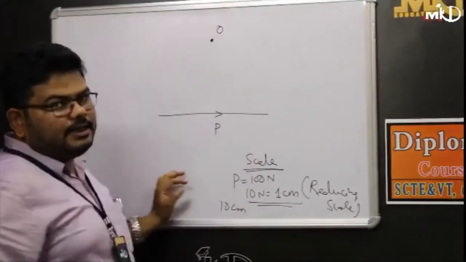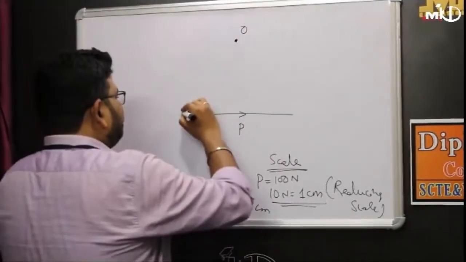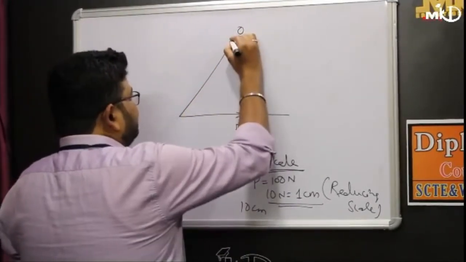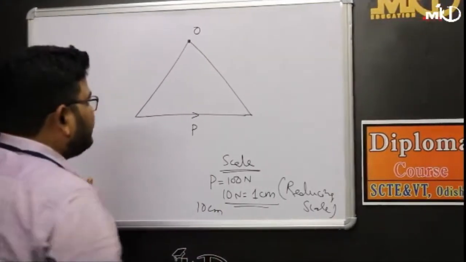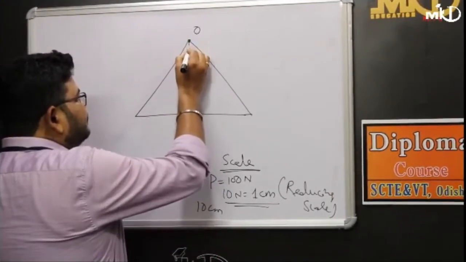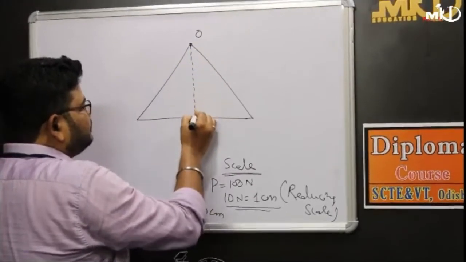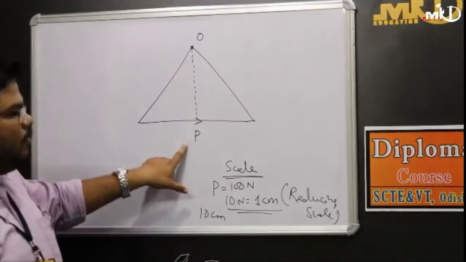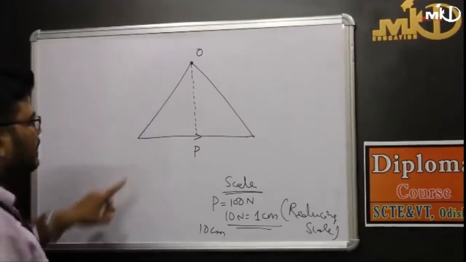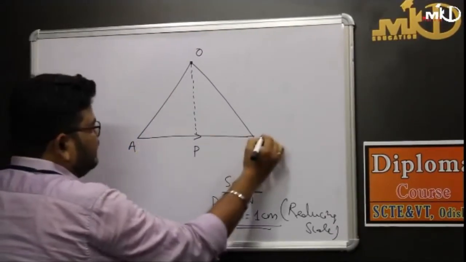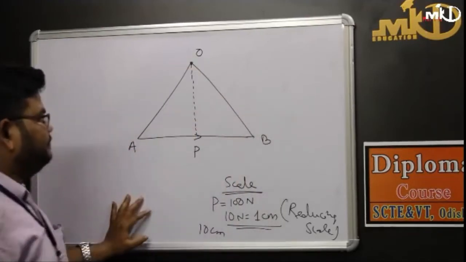Let this be vertex O. Now I will join the vertex and complete the triangle. I have to find the moment of this force P about this point O. Now let me first name the triangle AB.